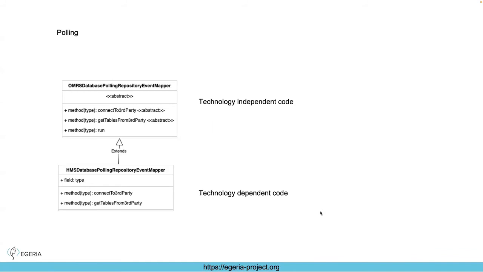There are technology independent representations of the tables that have technology independent representations of the columns, in a simple way that we've introduced with these two mappers. In this way, we have a very small class that actually does the technology specific stuff. So that's the idea around that.